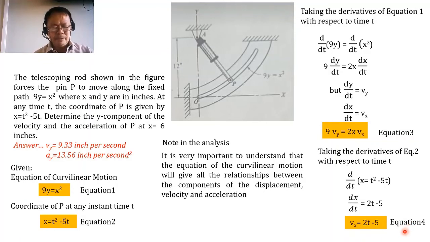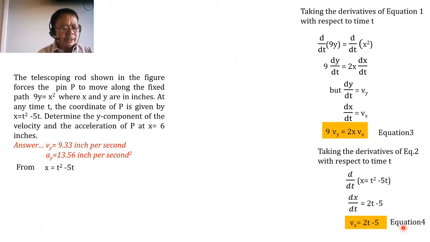And then afterwards, mula dito sa equation na x equal to t squared minus 5t, ito pa rin yung ating equation ng coordinate of the point p. Now, if this will be substituted with the value of x equal to 6, therefore our equation becomes 6 equal to t squared minus 5t.